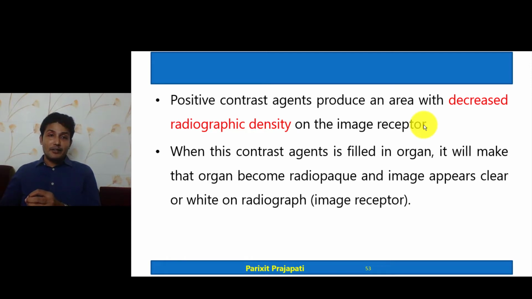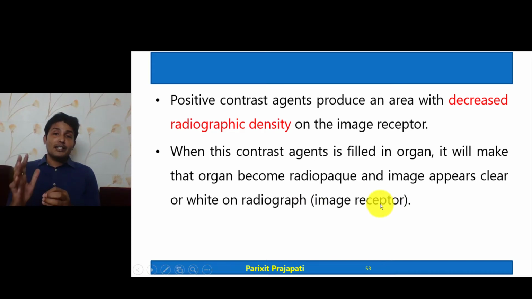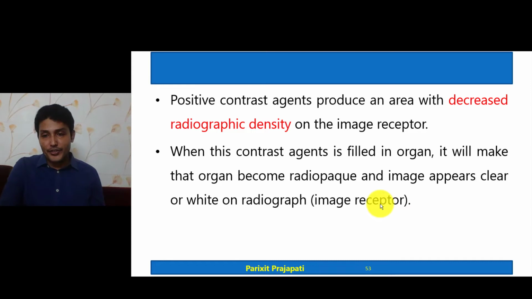These positive contrast agents decrease radiographic density on the image receptor, so the image appears clear or white on the radiograph. The other portion of the plate will be darker and the organ will appear lighter. So contrast will be there, and as they absorb X radiation, they are radio opaque and positive contrast.